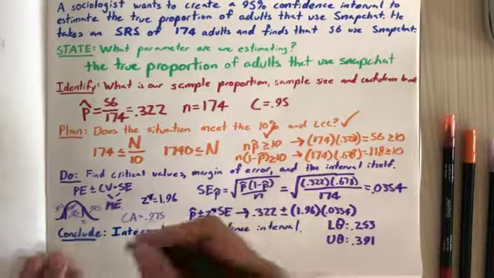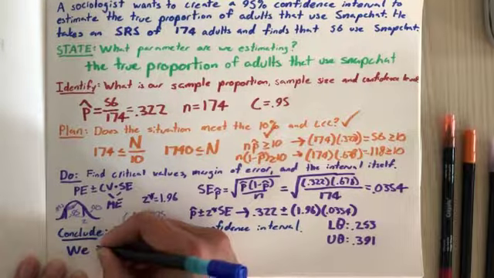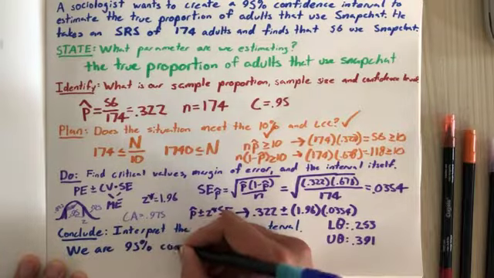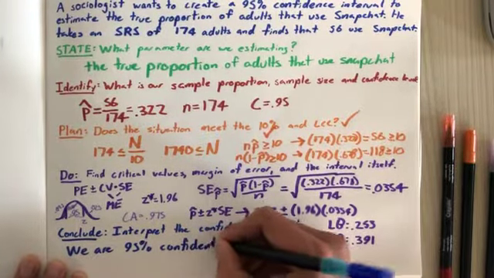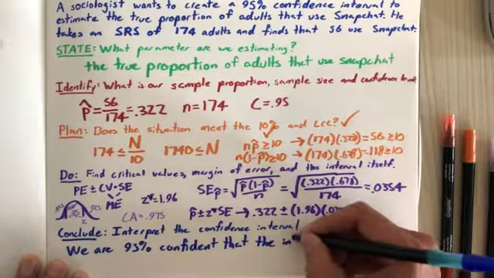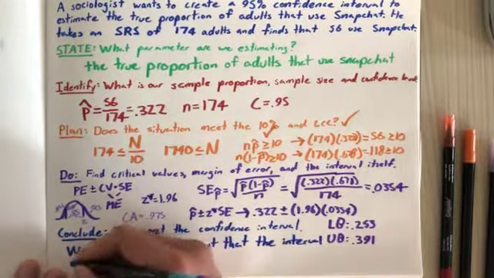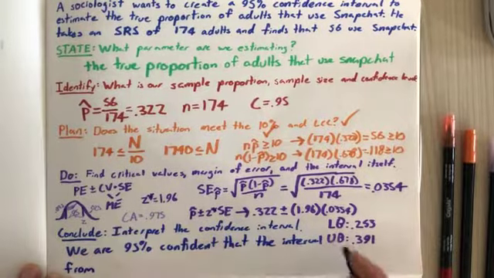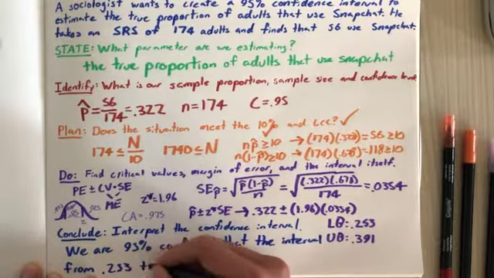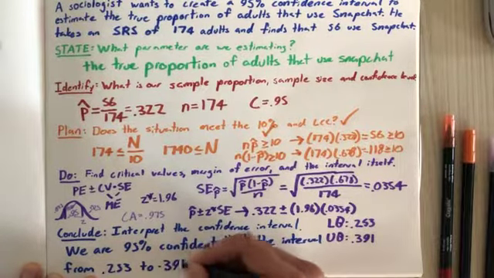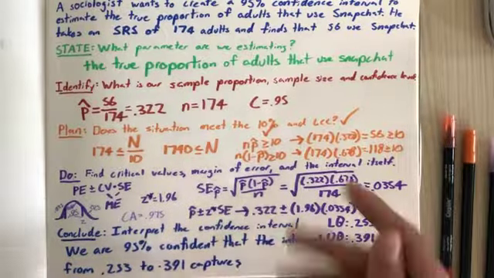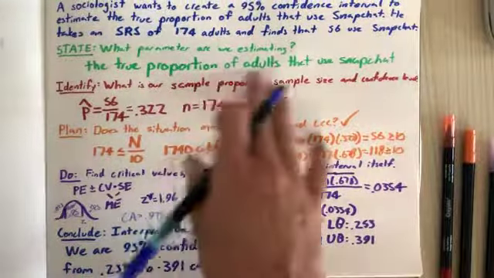It's pretty straightforward, but we're just going to say we are 95% confident that the interval from 0.253 to 0.391 captures what we were estimating, our parameter up here.